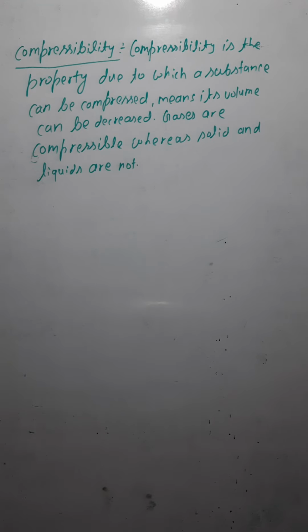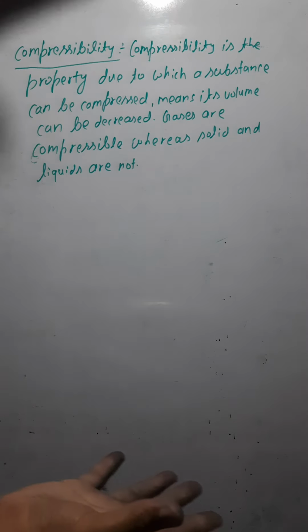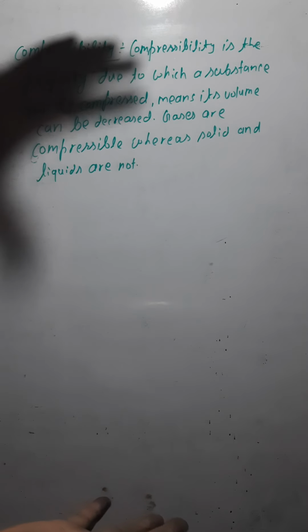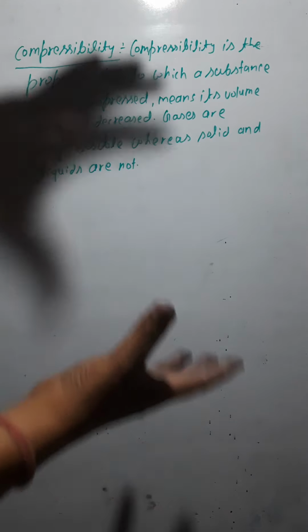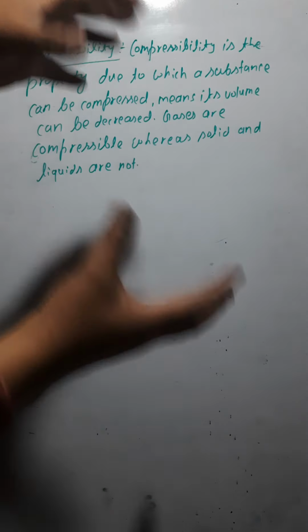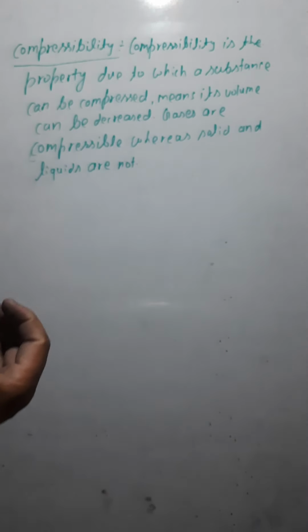The next property is compressibility. What is compressibility? Let's suppose we have a huge amount of gas. I can compress this and fill a cylinder with this gas. So you have a huge amount of gas and this gas can be compressed.